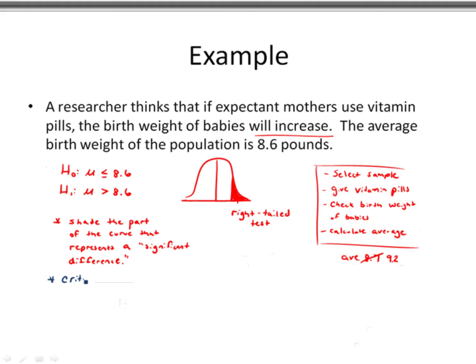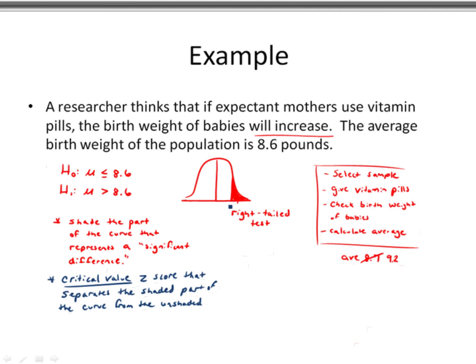Okay, so for a definition, this critical value that we're looking for is a Z-score that separates the shaded part of the curve from the unshaded.